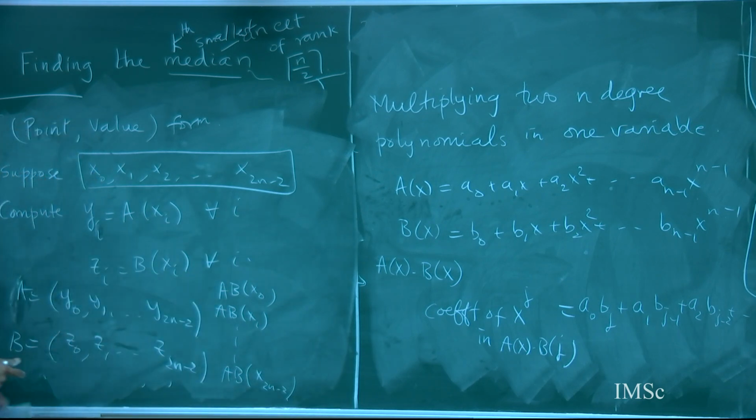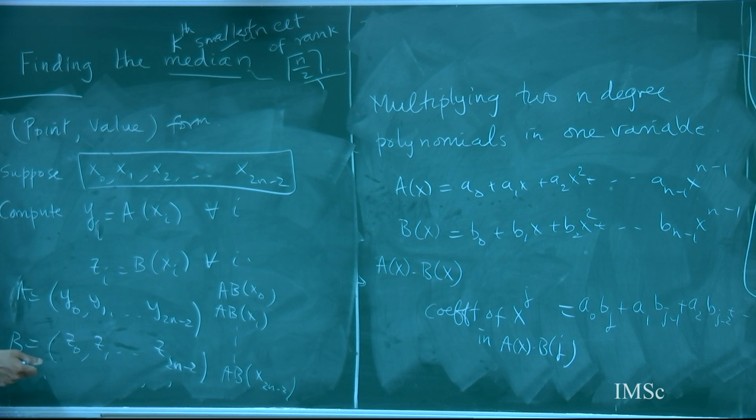And the way we avoid this is to use the fact that this is my choice. The set of points on which I am evaluating and keeping the polynomial is my choice. Any set of points, as long as they are distinct, I'll be able to get back the coefficients. So choose the points in a way that the evaluation and inversion are easy. Then we can do the whole thing faster.